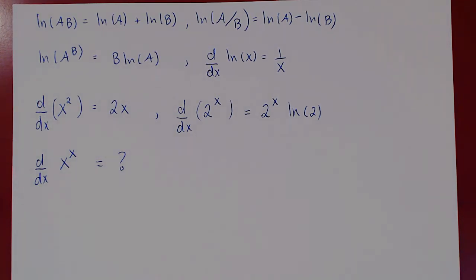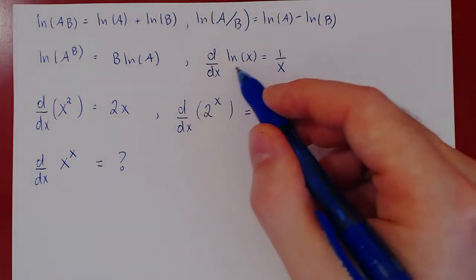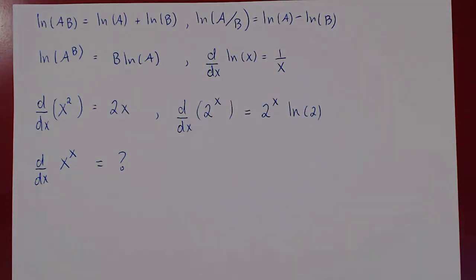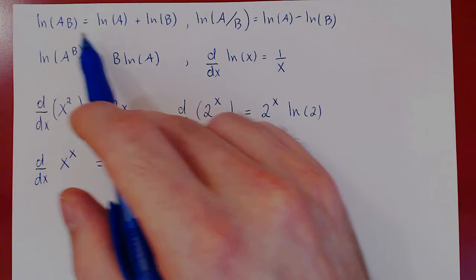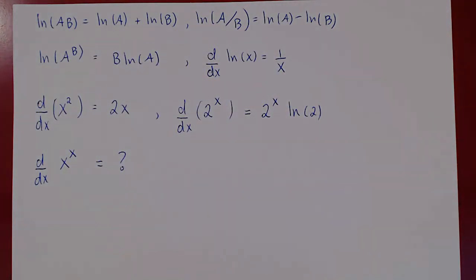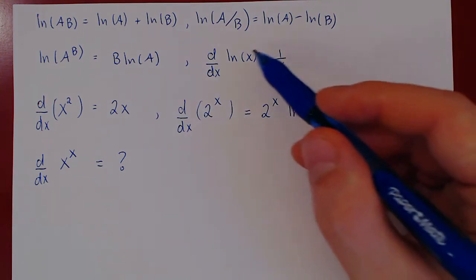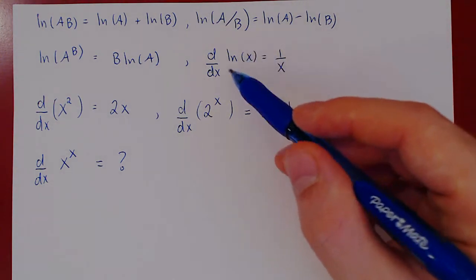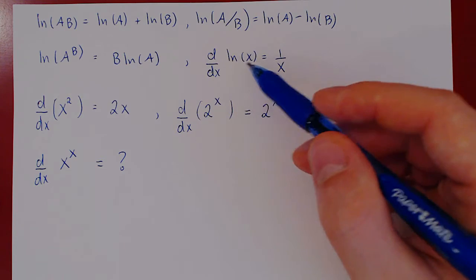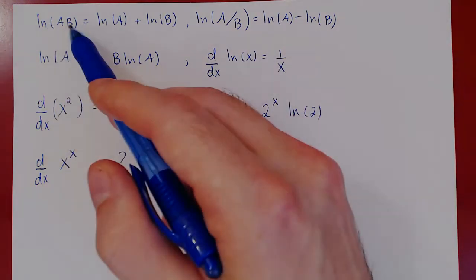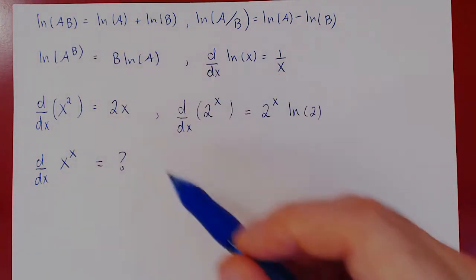Well, do we give up? No. We can summon the power of ln of x. If you look at these properties, these are the 3 key properties of any logarithmic functions. But as you remember, we are only interested in using the simplest one, ln of x. So ln of a times b is the ln of a plus ln of b.